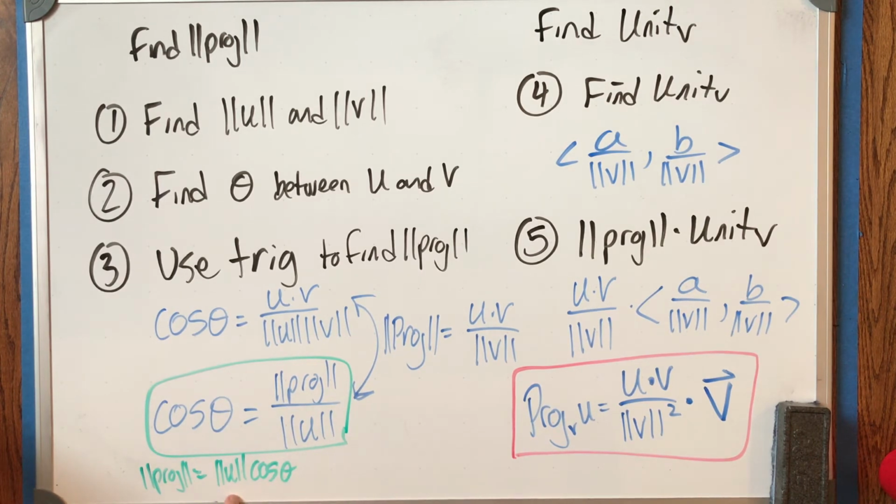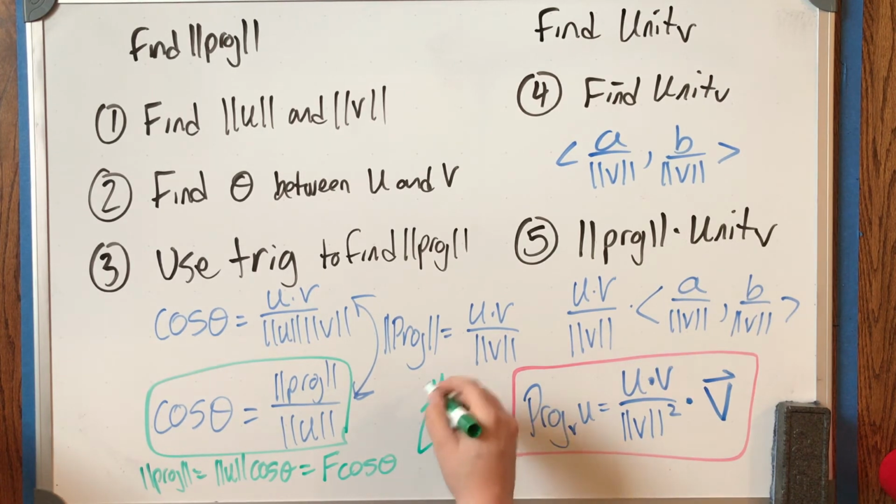And the length of u, we often will just write as the letter F, meaning that's the force that we're exerting in a given direction. So I can rewrite this as force cosine theta, where F is the force in a direction, and theta is the angle in between that direction and which way you're moving. That connects back to the one I had on the other page where we had u and v.